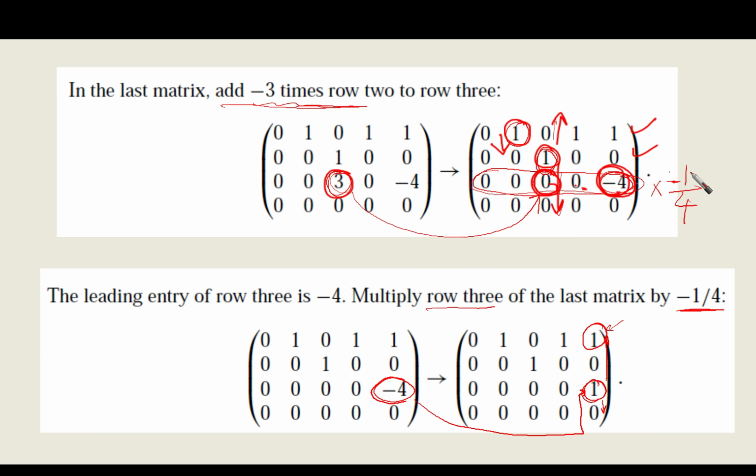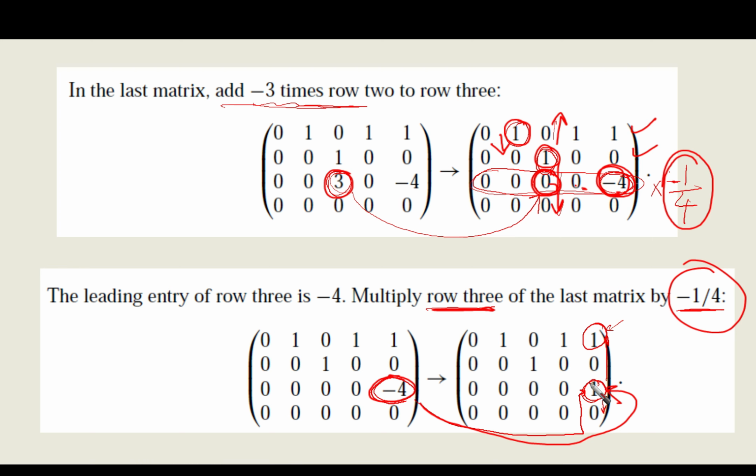Yes, exactly. We are going to multiply it by minus 1 over 4 to make it 1. That's it. So this minus 4 is going to be changed to be 1 by multiplying row 3 of the matrix by minus 1/4, and then leave it as it is.